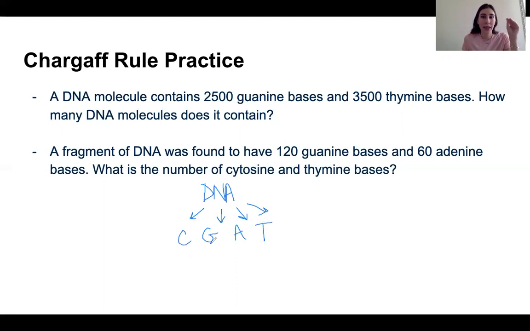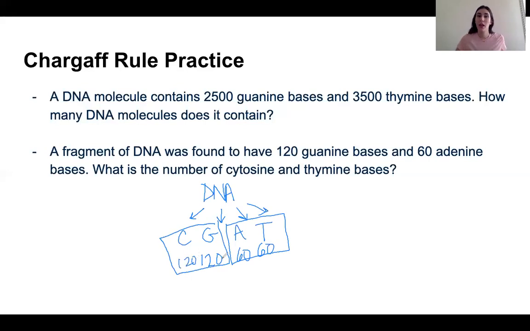And it's saying that we have 120 guanine and 60 adenine. Now, according to the base pairing rule, we know that adenine and thymine always pair. So therefore, we must have also 60 thymine. And we know that cytosine and guanine always pair. So we must also have 120 cytosine. There you have it.